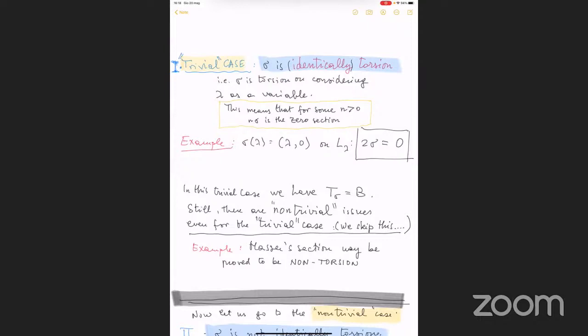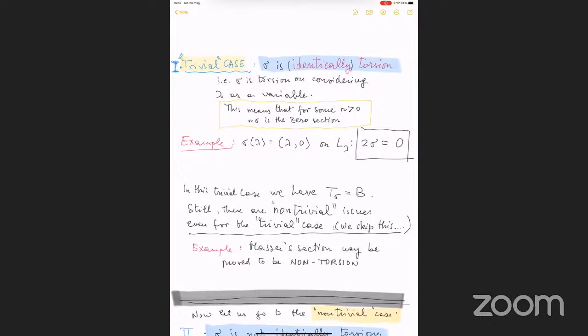And as I illustrated at the beginning, the points where the y coordinate is 0 are of order 2 for the group law, so their double is 0. And so we have here an example of a section which produces constantly a torsion element.